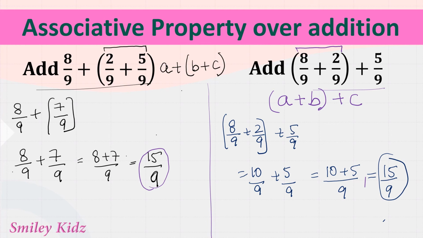When we did A plus B plus C, where A plus B is in bracket, we got 15 by 9. And when we see the first example, here also we got 15 by 9. That means associative property over addition is satisfied for rational numbers.